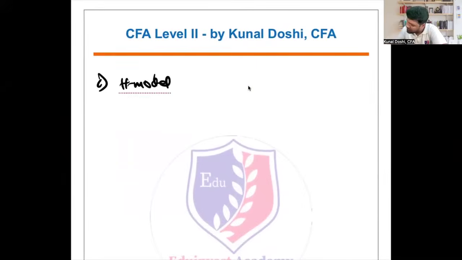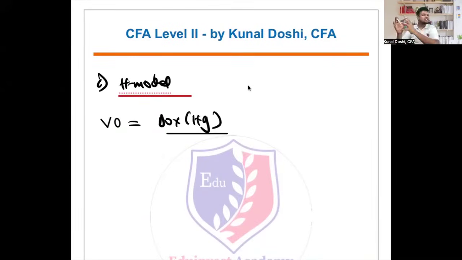The original formula divides the valuation into two parts. So our V0 is based on D0 into (1 plus growth) over R minus G, or cost of equity minus the growth rate. Now, which growth rate is this? This is the long-term sustainable growth rate.